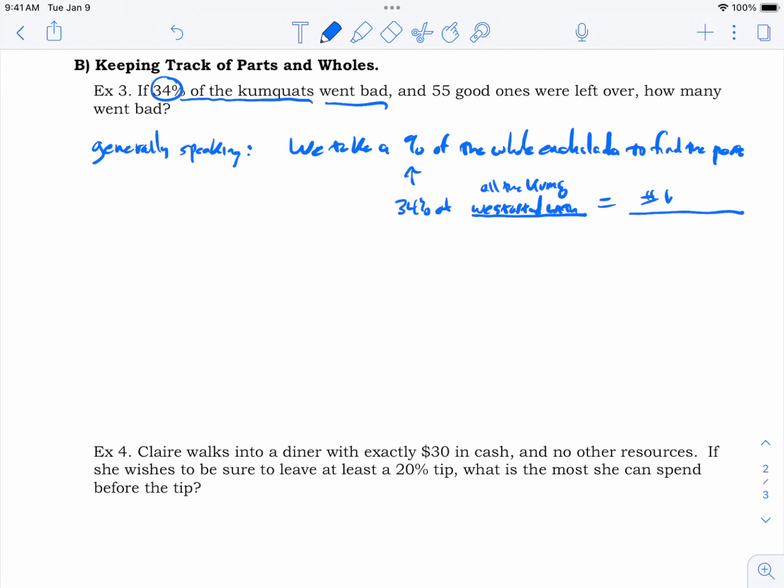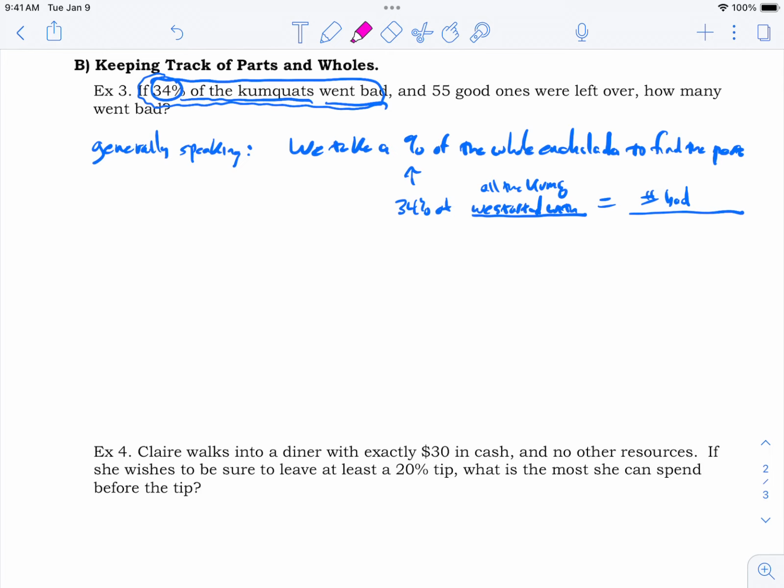So that would be the number of bad ones. Cool. Okay, we're getting somewhere. You want to focus on the phrase right there. That phrase contains wisdom. 34% of all the kumquats went bad. That's exactly what I wrote here.